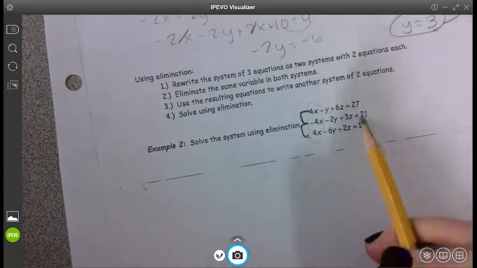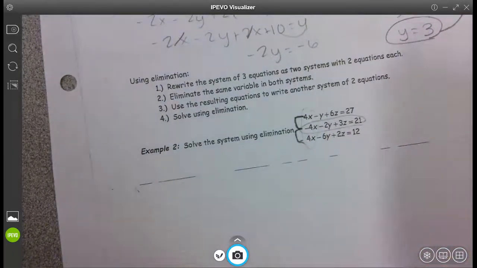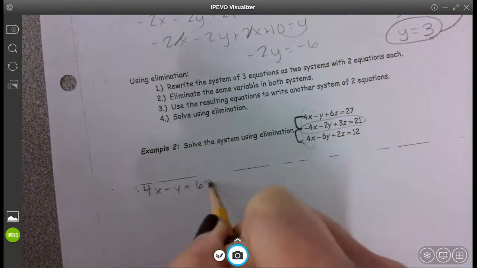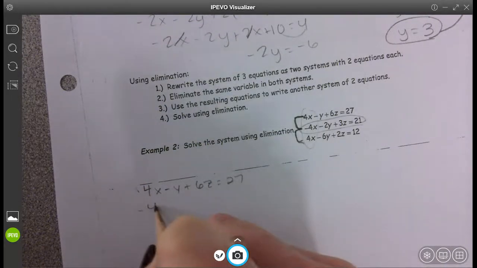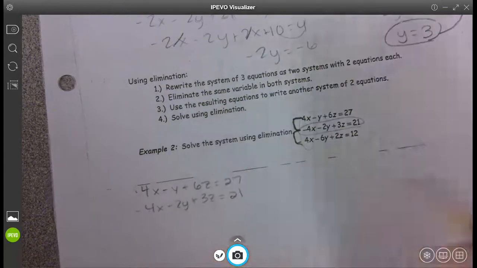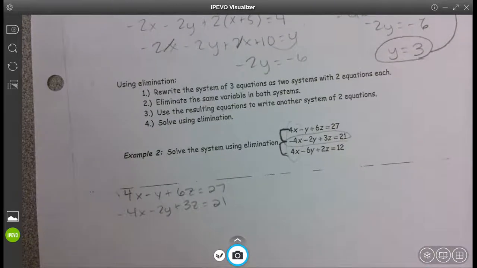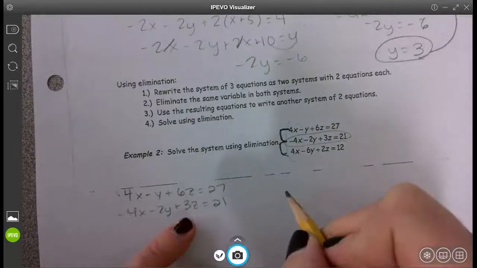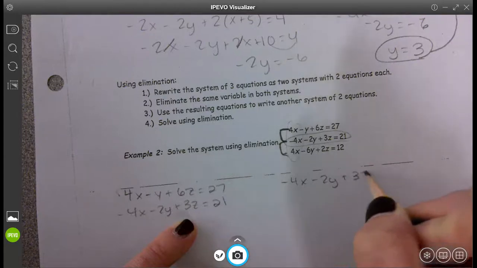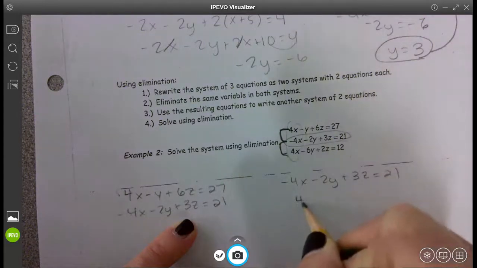So there's one equation that you're going to use twice. We can take 4x minus y plus 6z equals 27 and put it with the middle equation. Pause if you need. Then we're going to use that same middle equation again, and put it with the bottom equation.